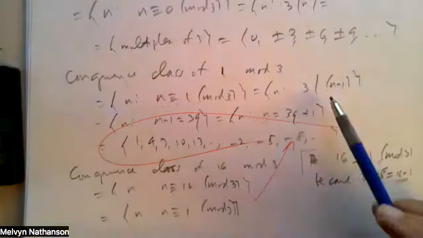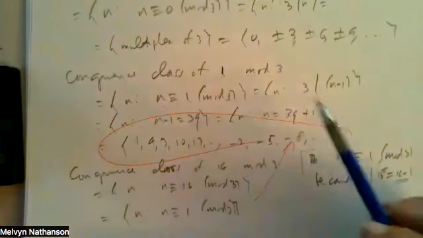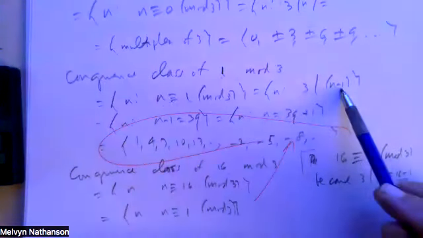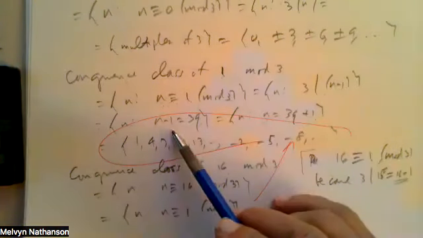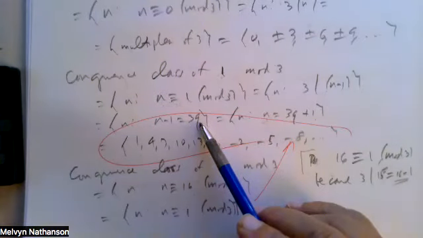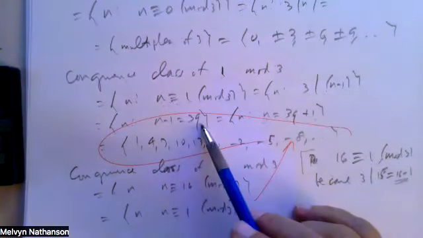Well, to say 3 divides n minus 1 means that n minus 1 is 3 times some number. I'm calling that number q. This means that n minus 1 is 3 times q for some integer q.